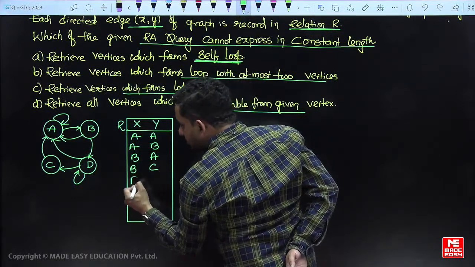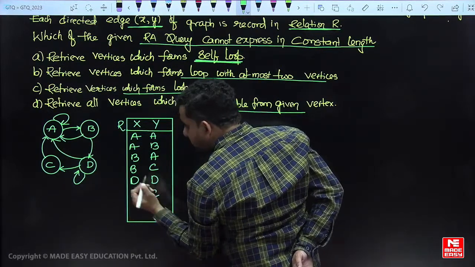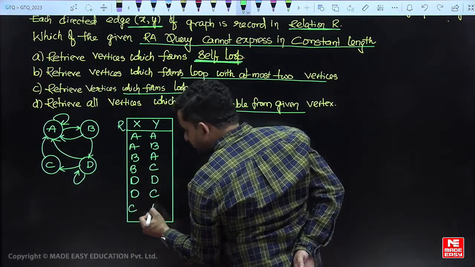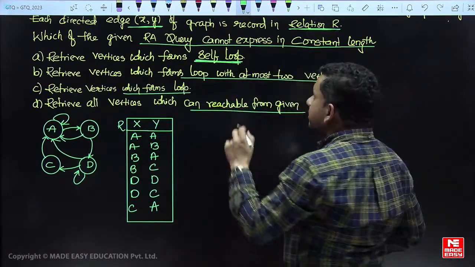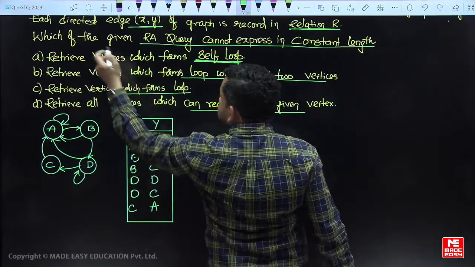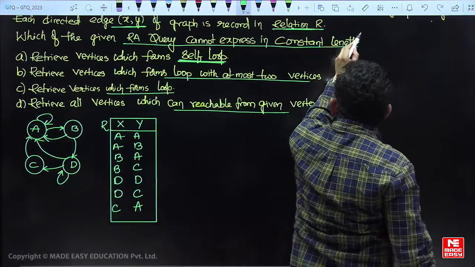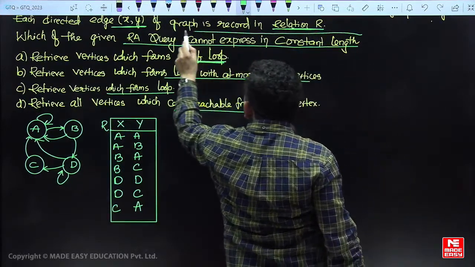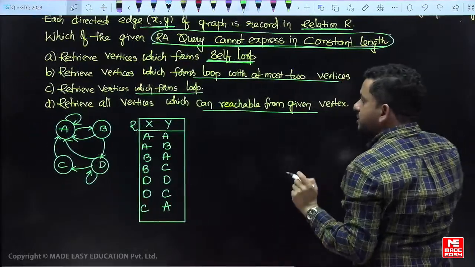D to D edge, D to C edge, and C to A edge, right. This kind of database table is given, which represents graph edges. Now which of the following cannot be expressed in a constant length relational algebra query is the question.